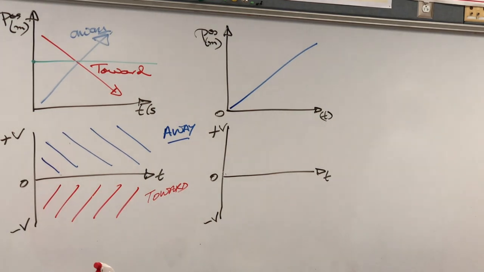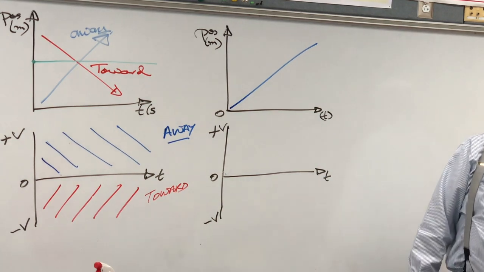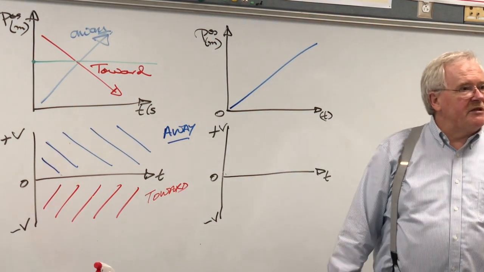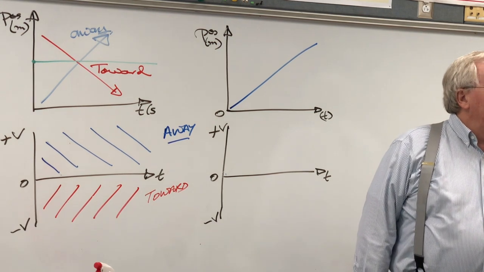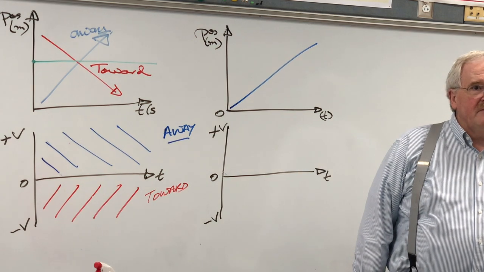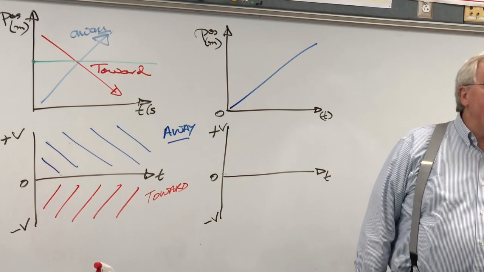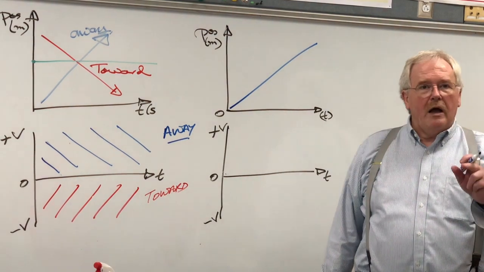What can you tell me about the motion of this object whose position time graph looks like that? Yes? It's moving at a constant speed. What else can you tell me? Someone else? Yeah? It's moving away. Constant speed away.